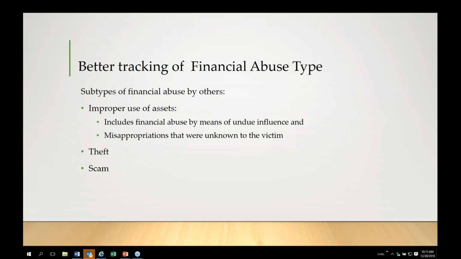One is improper use of assets, and that's going to be where you put most of your normal financial abuse by family members, where someone from the family has taken the victim's credit card and is running up bills on it, or asking them to sign over their house, and so on. But we also have outright theft, where the victim didn't know what was going on and they just got in their purse and stole cash, and scams. Scams was especially of interest to the PSOC committee.